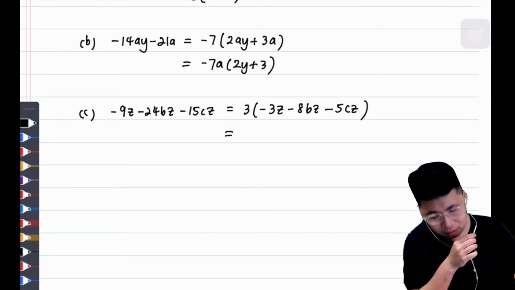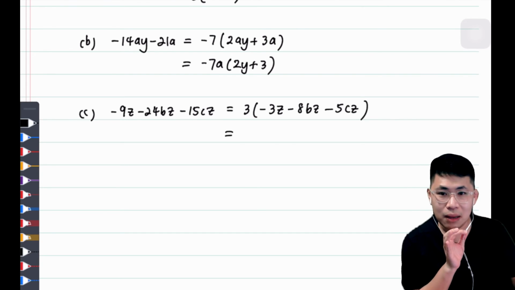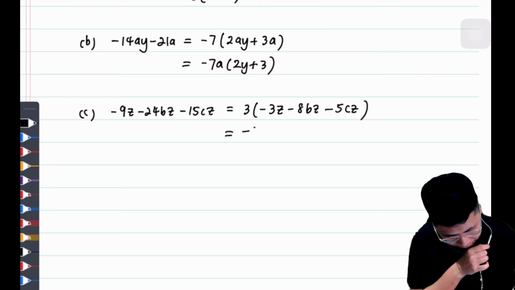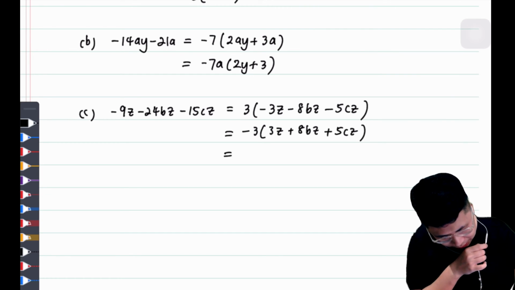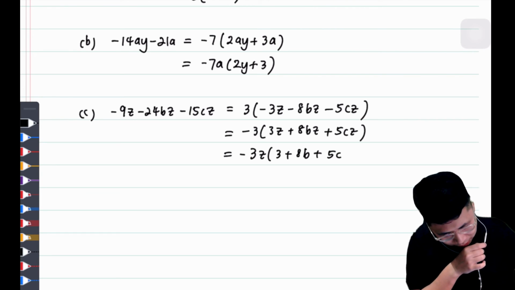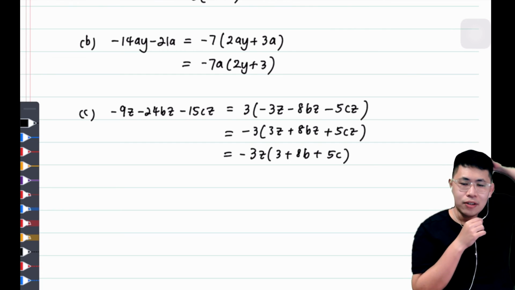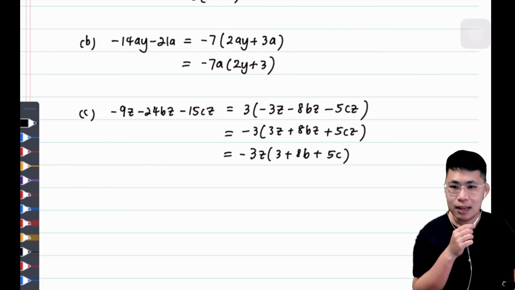Any more common numbers? No more. All of them have negative, so I will bring out the negative, and I will need to flip my sign on the inside. Last but not least, I still have a common z inside. So let me factorize z out. I will have 3 plus 8b plus 5c. Okay, so this is how we factorize step by step.